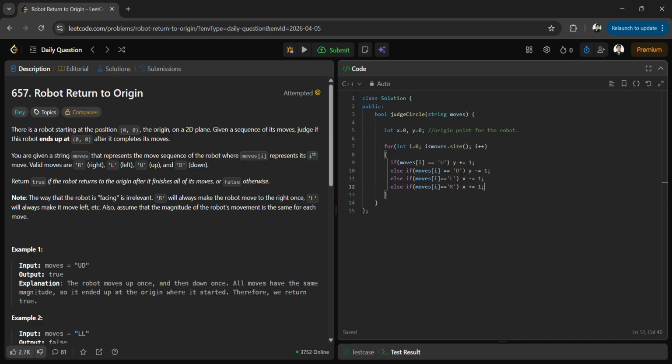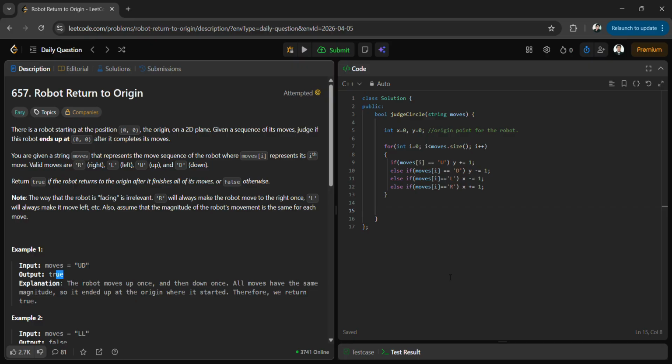Once the robot performs this string, U and D, logically it is back at the origin, because it performs the up direction first and then the down direction. So after performing all the moves it is at the origin, and we have to return true.